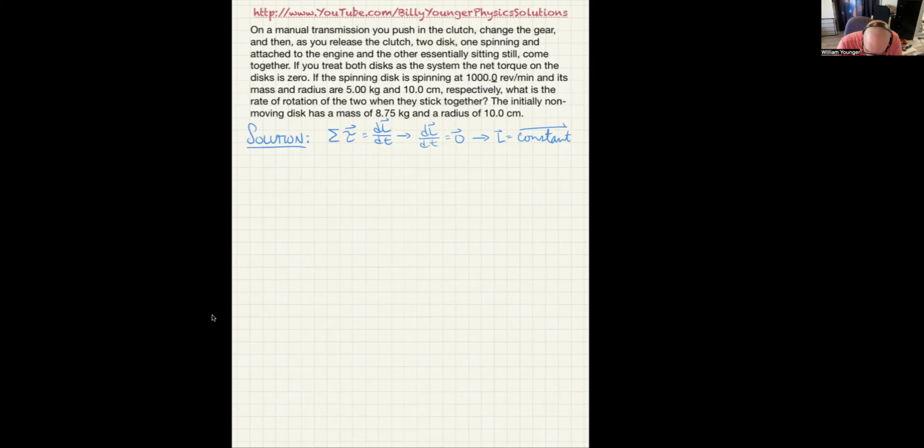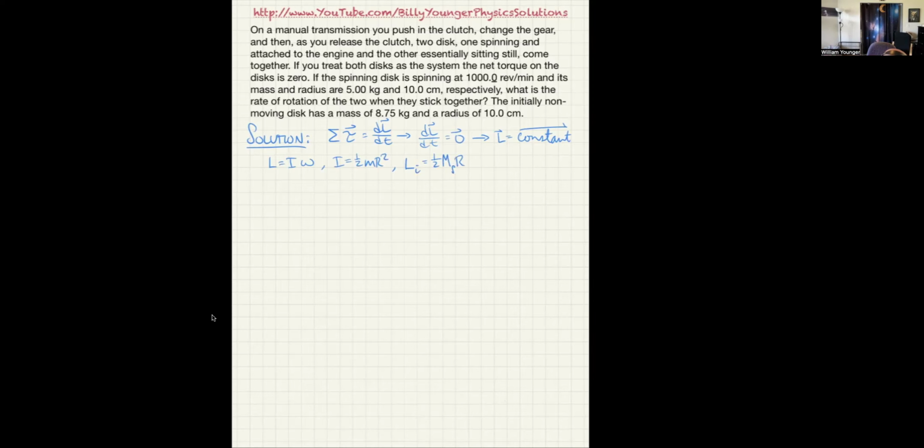Now, the angular momentum L can be written as the moment of inertia times omega, and we know the moment of inertia for disks is 1/2 m r squared. All we have to do now is calculate the initial momentum, which would be L sub i is equal to 1/2 the mass of the spinning disk, I'll subscript that s for the one that's spinning, and the radius of the spinning disk.